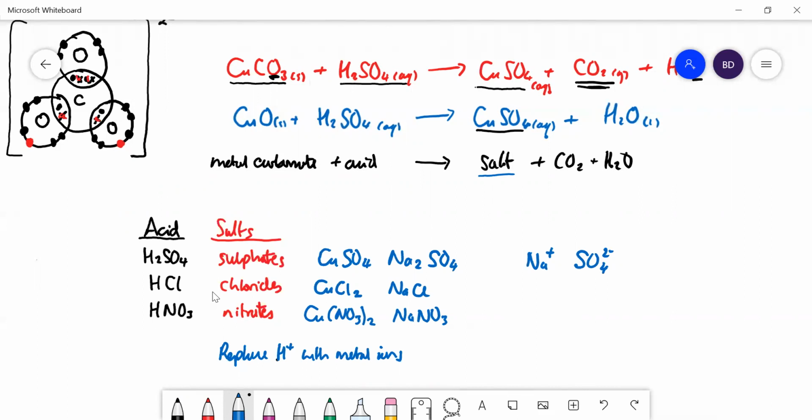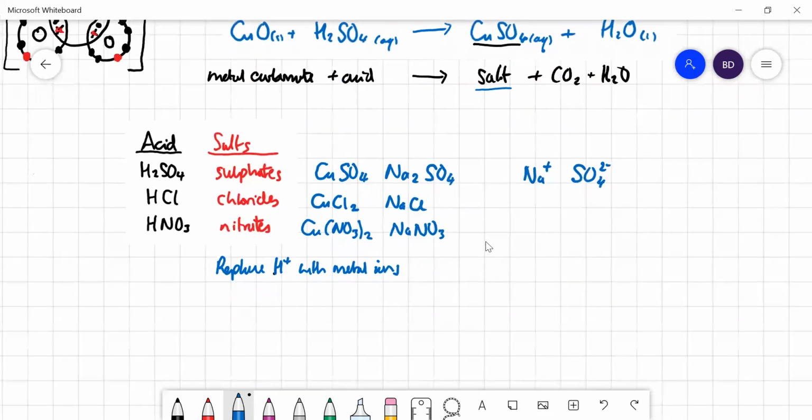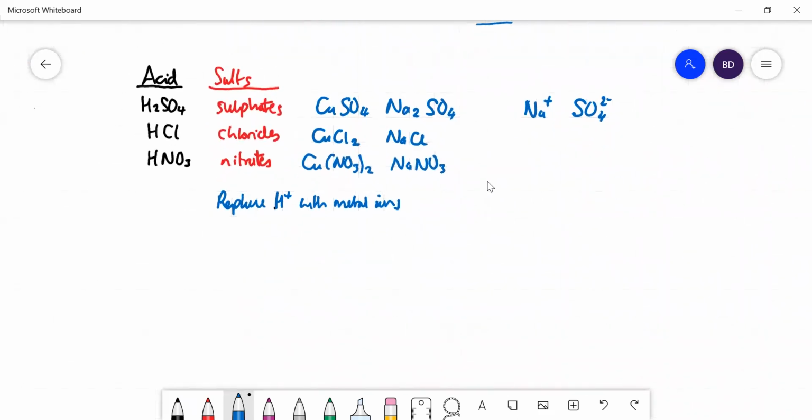So let's just do a few more examples. Let's think, what would we get if we did zinc carbonate? Let's say we react that with hydrochloric acid. Well, that's insoluble.